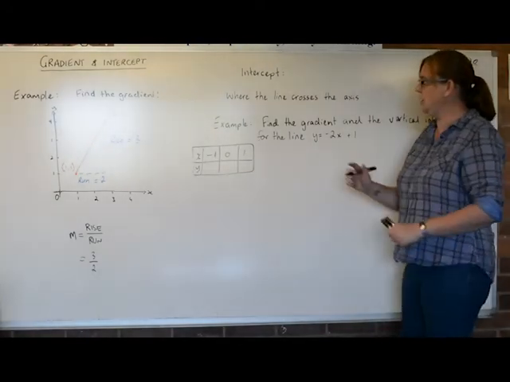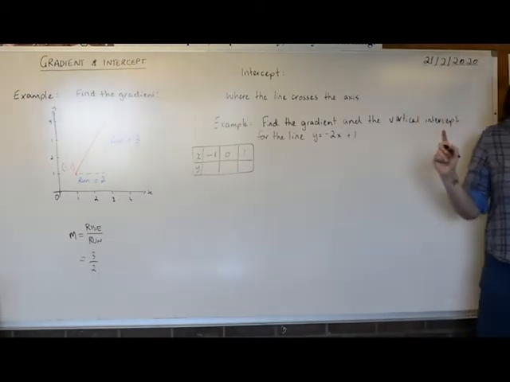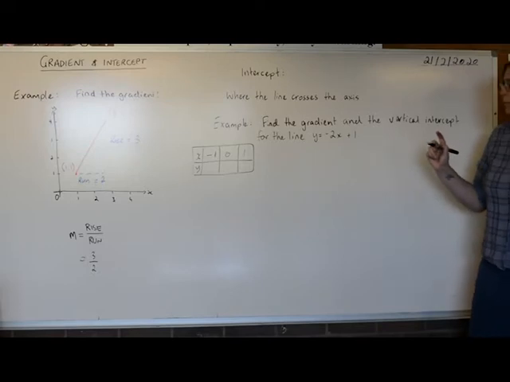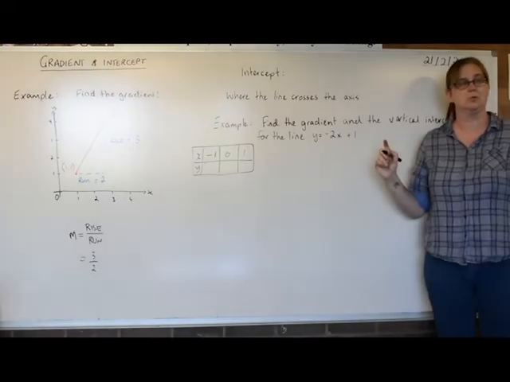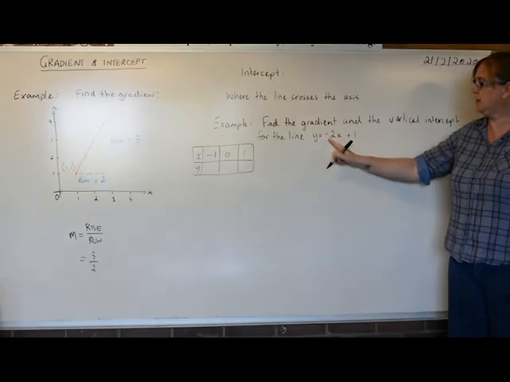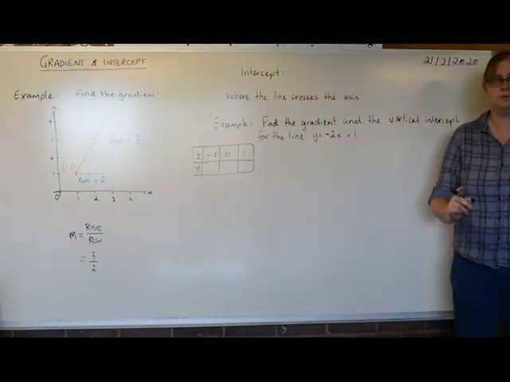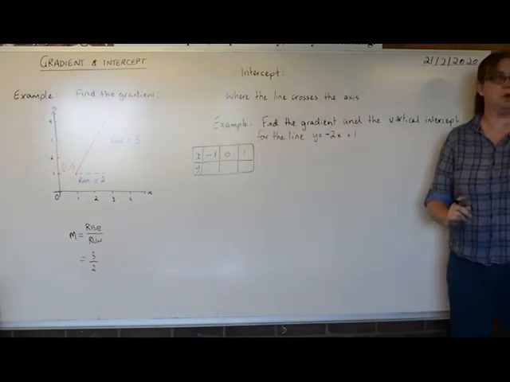If x is equal to -1, what will y equal? So it'll be -2 times -1 plus 1. So what's -2 times -1?